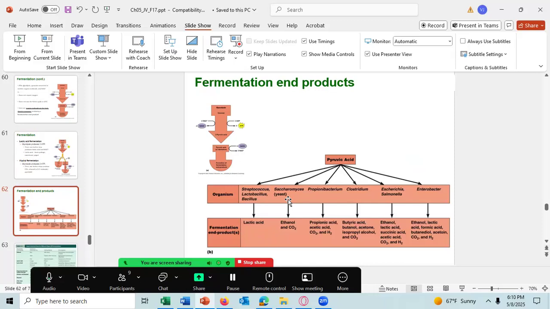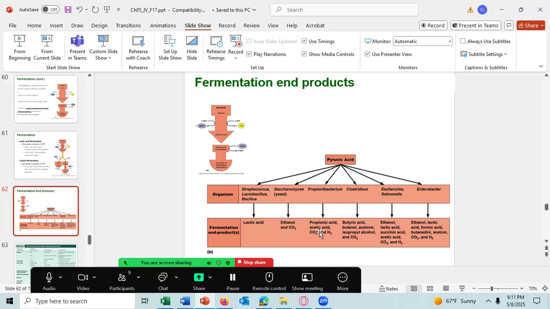A yeast, Saccharomyces, can perform alcoholic fermentation, giving the bread leavening, meaning when we put yeast in our bread we get the raised bread. We can also use the yeast to make wine or beer, to make alcohol.